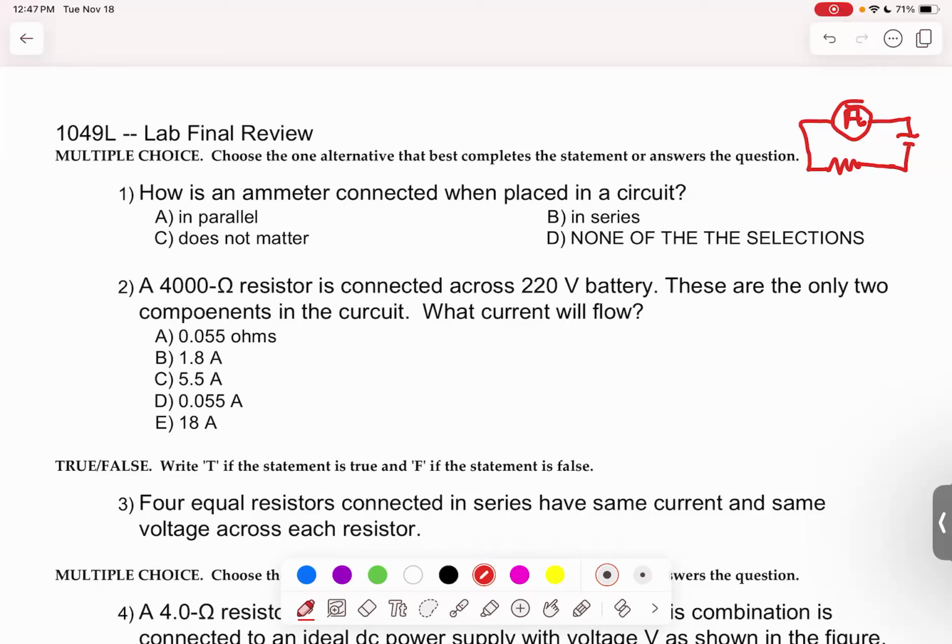Anytime we place an ammeter in a circuit, it is always in series with the circuit, as opposed to a voltmeter. A voltmeter attaches parallel.